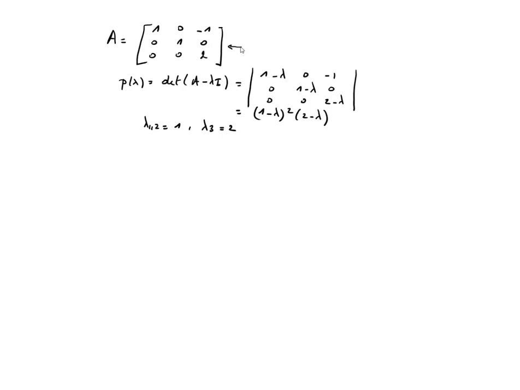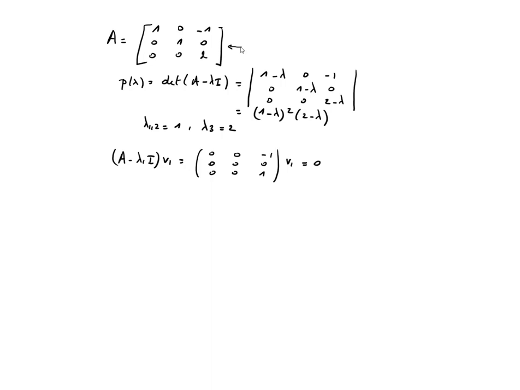So we are in a situation where we might not have the possibility to diagonalize A, but we have to check. So remember that what we have to do is look at A minus lambda 1 I times V1, and in our case here this is 0, 0, -1, 0, 0, 0, 0, 0, 1 times V1 is equal to 0.